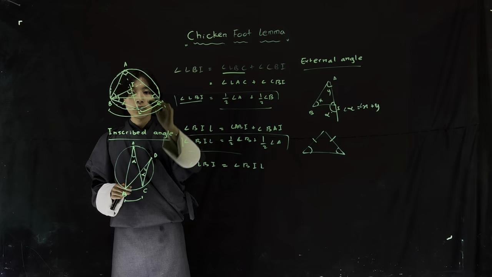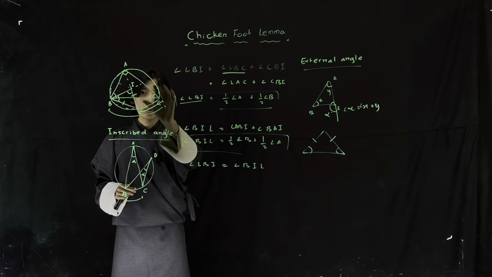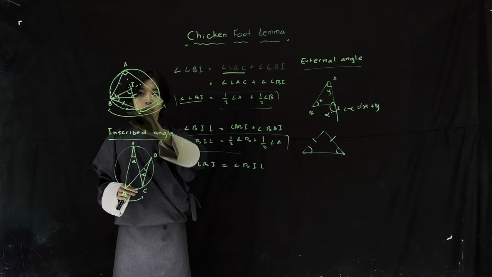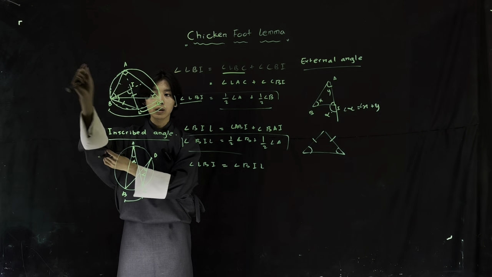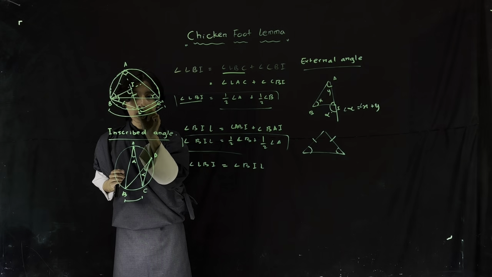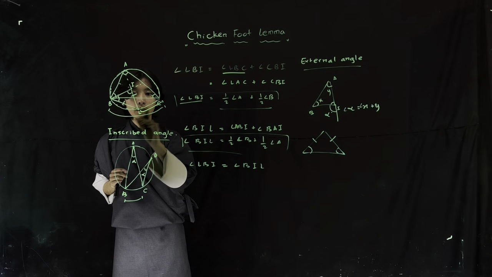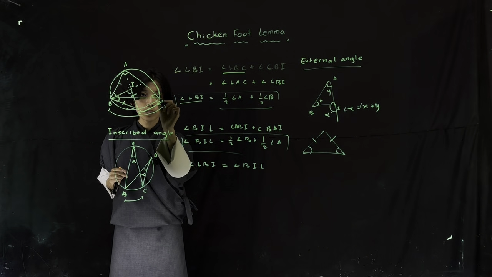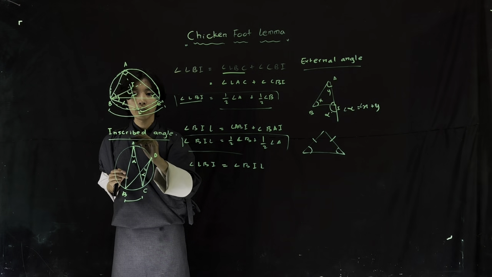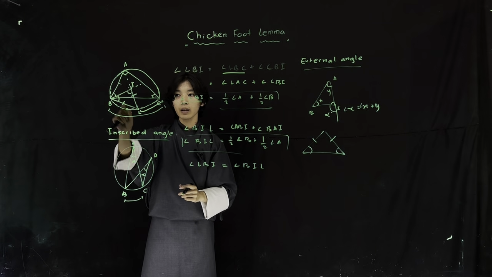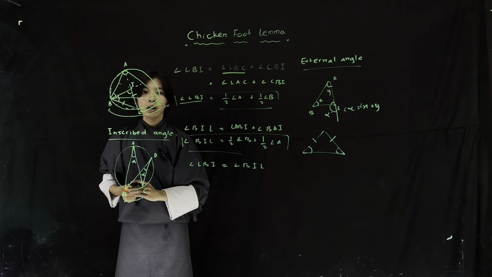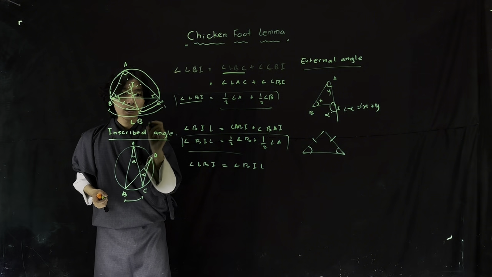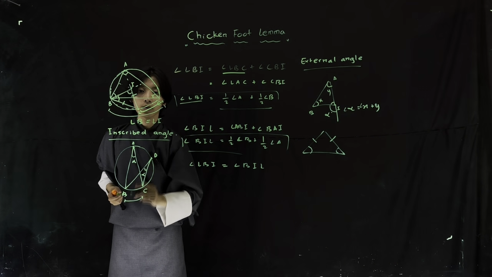If we follow this proof for the other triangles as well, like triangle LIC, we will also establish that point L has the same distance to points C, I, and B. So we have established that LB is equal to LI in this case, right?